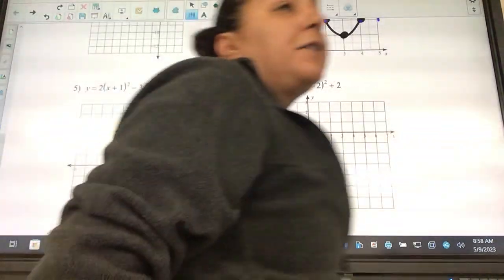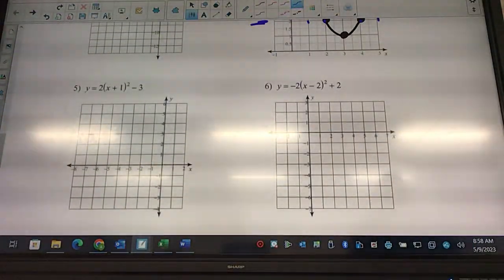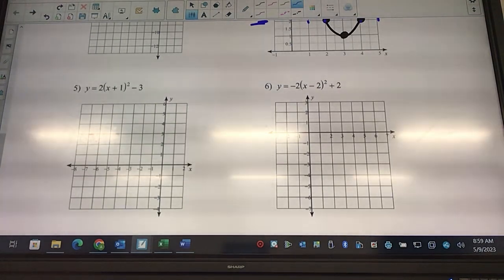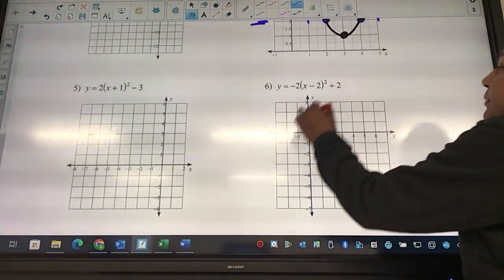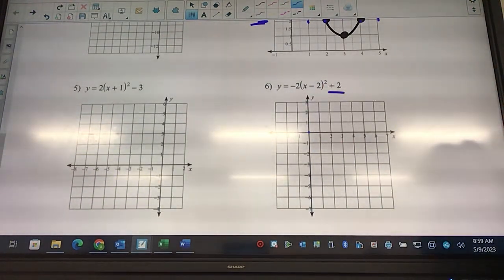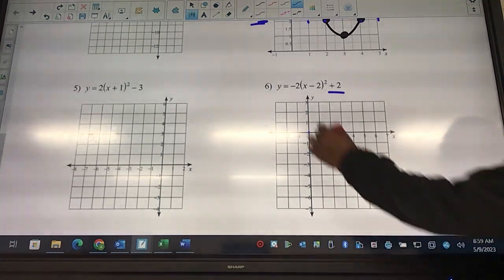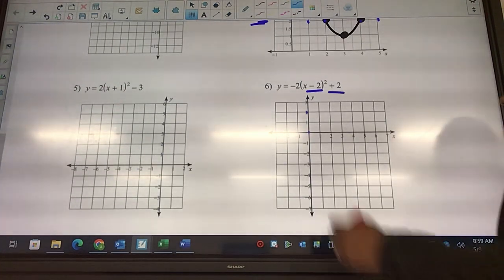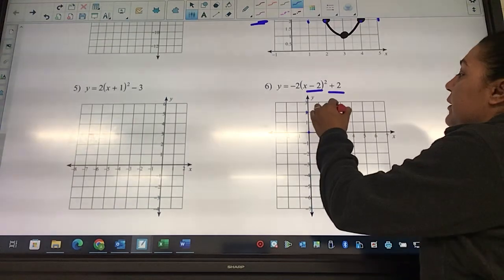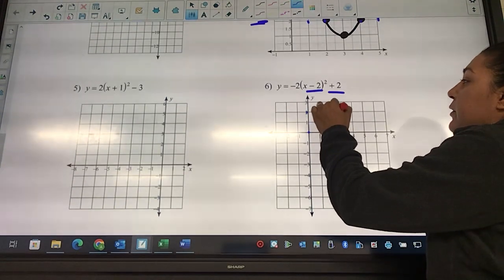Okay, look at 6. Where are we going to start with our pencil? We're starting at 0. What does this plus 2 do? Up 2. What does this minus 2 do? Right 2, and that's going to be our vertex.